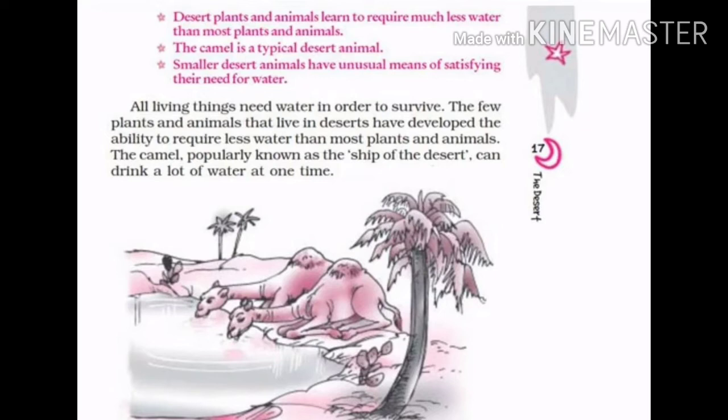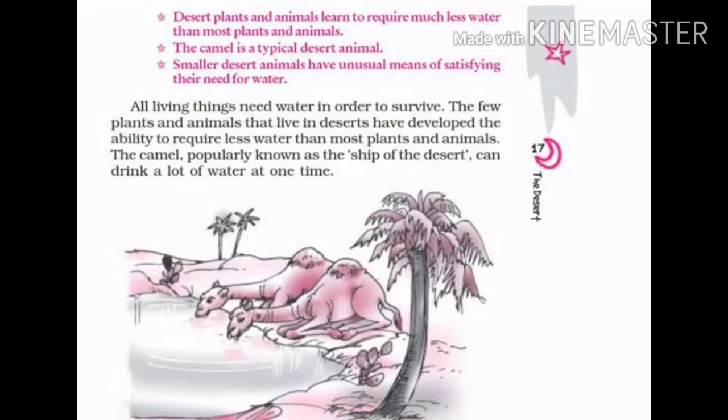We're going to learn that in this part of the lesson, children. And in the synopsis, it is given that the camel is a typical desert animal. We're going to learn about camels also. And we're going to learn about some smaller desert animals which have unusual, totally abnormal ways of satisfying their water needs.